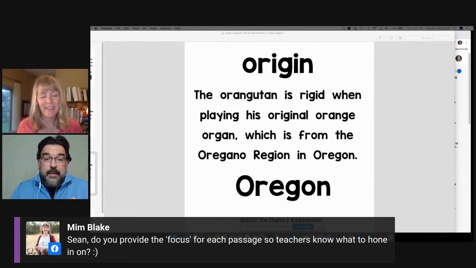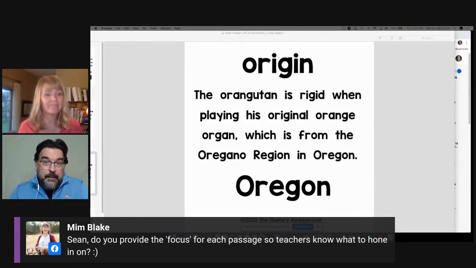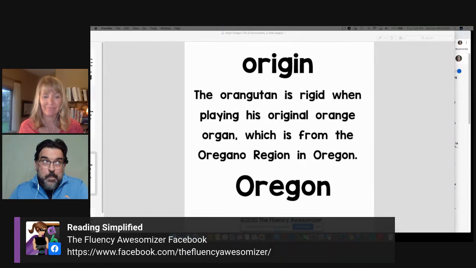This is a good question for as you keep developing these, Sean. Mim asks, do you provide the focus for each passage so teachers know what to hone in on? That's a great question. To be honest with you, I've been writing these since December. The next step on my to-do list is to organize these into the different components and then write directions for you.